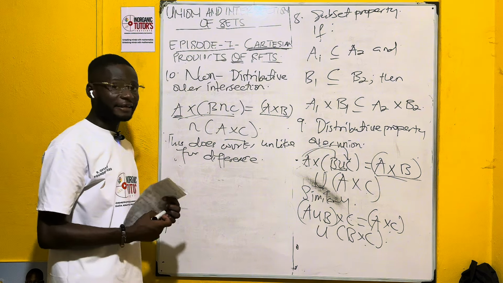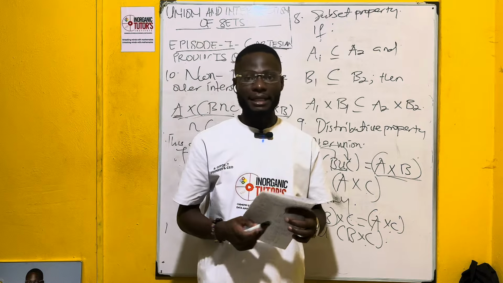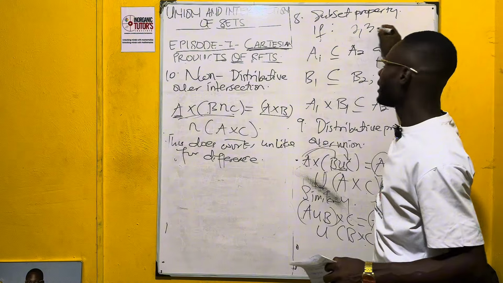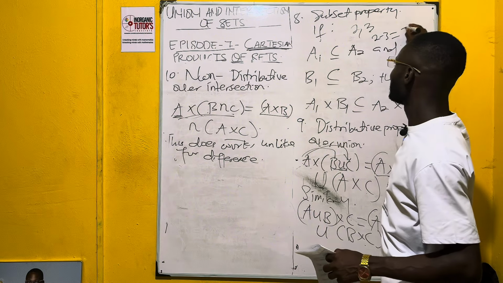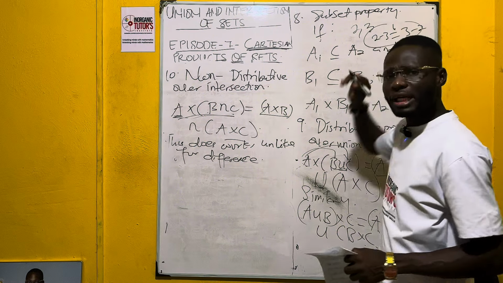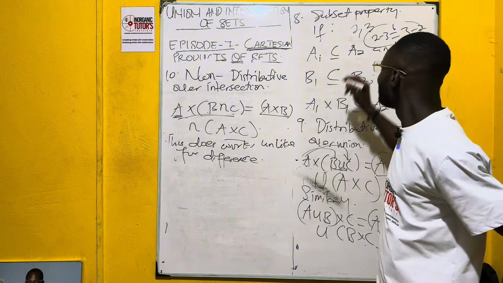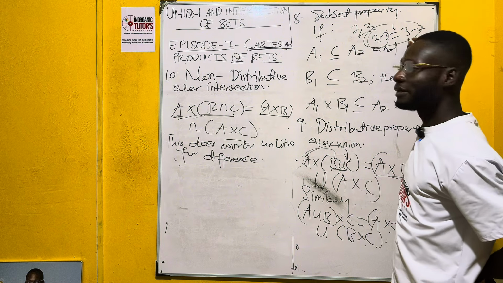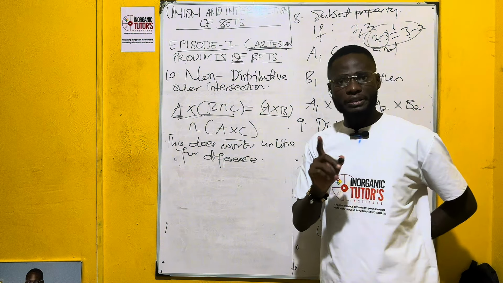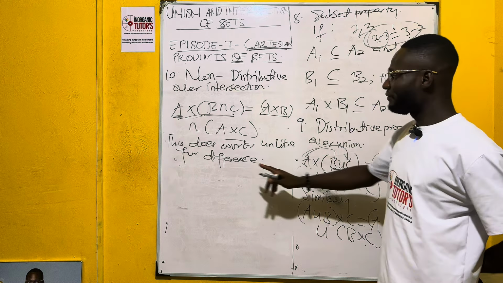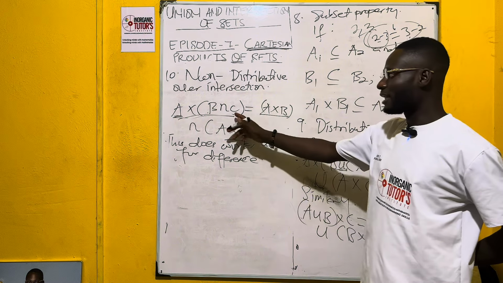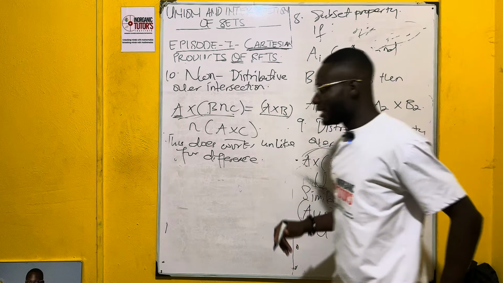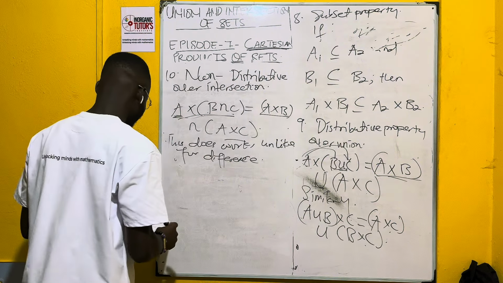And I agree with that completely, because if you have two elements, 2 and 3, and you're saying that 2 minus 3 is the same as 3 minus 2, then there is something wrong with you. Are you okay? So the difference property doesn't work like the intersection.